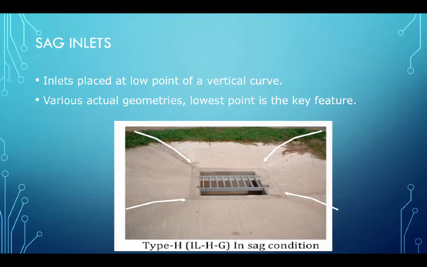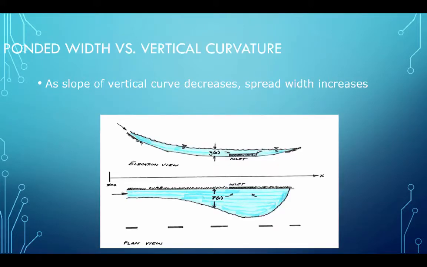The key feature is that it's at the low point of a vertical curve. So as the vertical curve decreases, moving downhill to its low point, and then starts uphill, the spread width would be anticipated to start to get large in the sag condition, and that's where we're going to need an inlet to control that spread width, as well as to actually drain the puddle that's going to form when there is runoff.